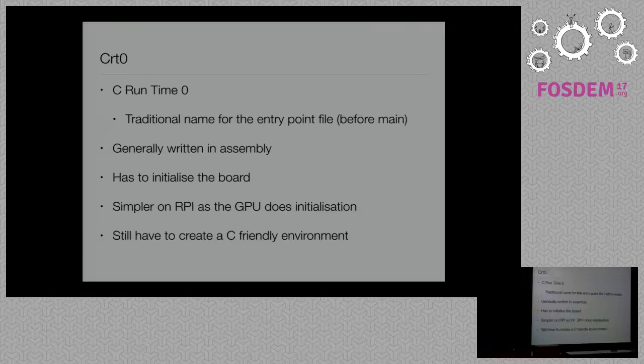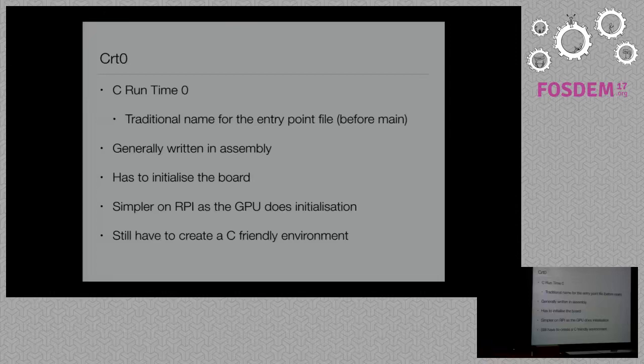For example, it sets up the RAM, it sets up the video, so everything is much easier on this platform. However, you still have to create an environment necessary to execute the C code.